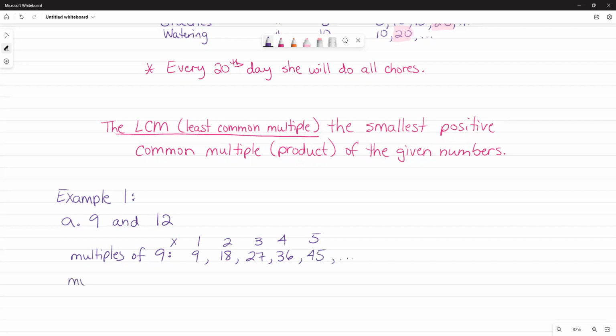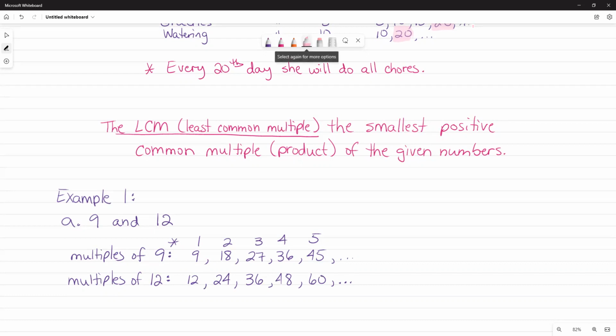So multiples of 12. 12 times 1 is 12. 12 times 2, 24. 12 times 3, 36. 12 times 4, 48. 12 times 5, 60. I'm just going to include all of them. But what's the common multiple of these two numbers?